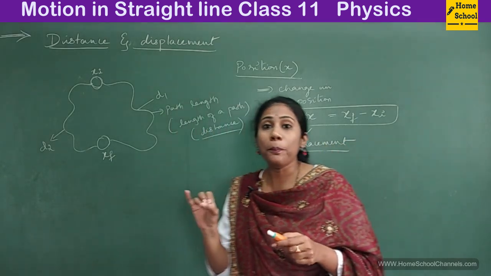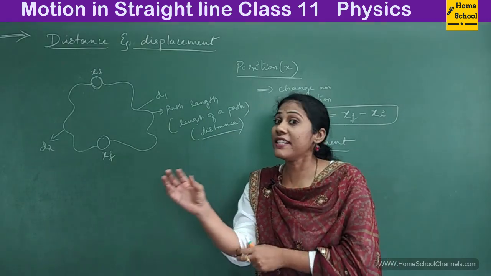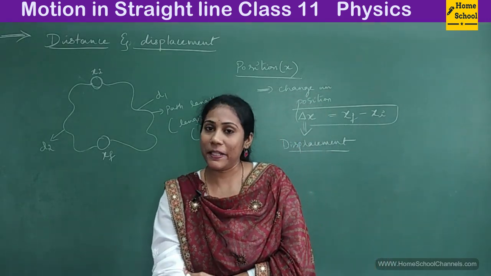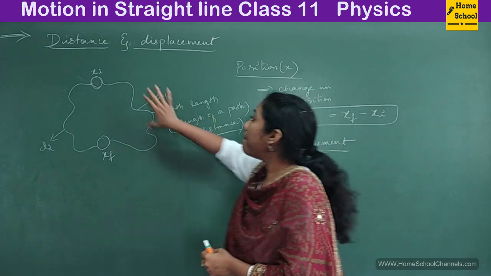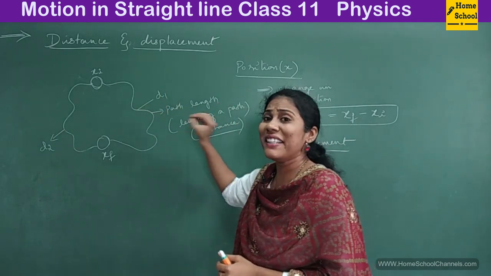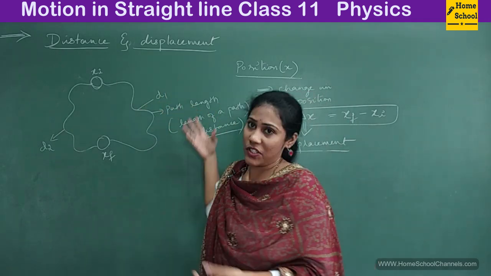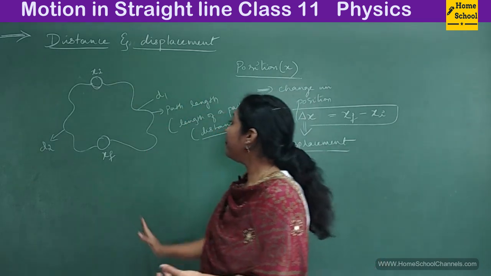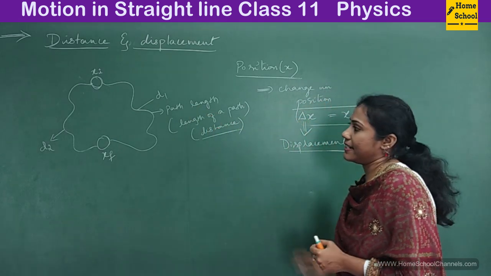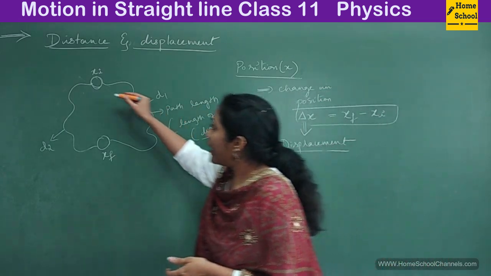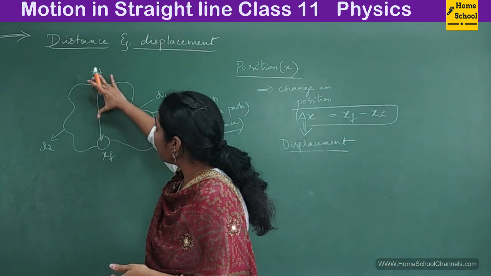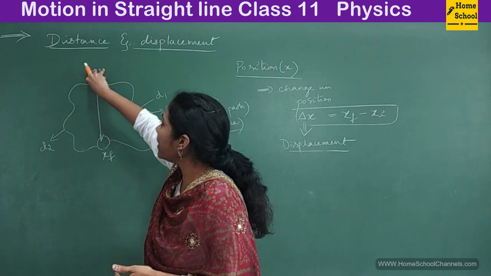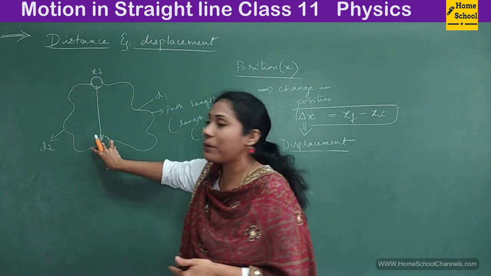Hope you are clear with the difference between distance and displacement. Distance is the path an object has traveled. It is that path length which we call distance. Whereas displacement is the change in position. Initially the ball was here and finally the ball is here.